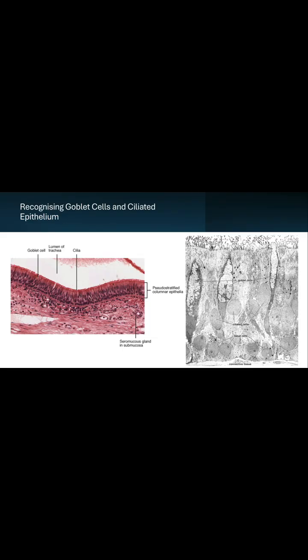Now, over here, I believe this is an electron micrograph as it's black and white, but you can see more clearly that the goblet cells are full of these secretory vesicles that are then rising to the surface. And we can see that right in action over here, compared to the regular ciliated epithelial cells, which just have the cilia, and they are not filled with mucus or mucin.